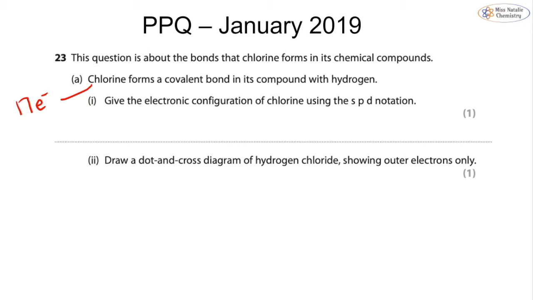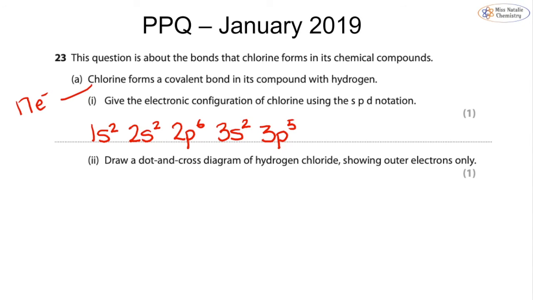So we know that it is going to fill the 1s first, followed by the 2s, and then the 2p with 6. So now we're at 10 electrons. So now we move up to the 3s with 2, and then the 3p, well, we are at 2, 4, 10, 12. So we have 5 electrons in the 3p orbital.